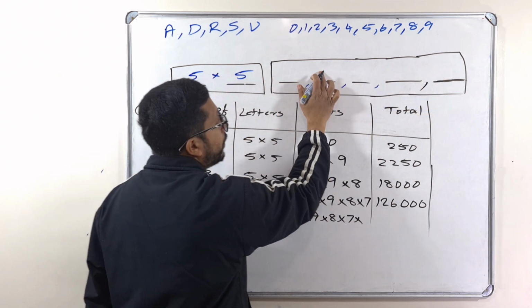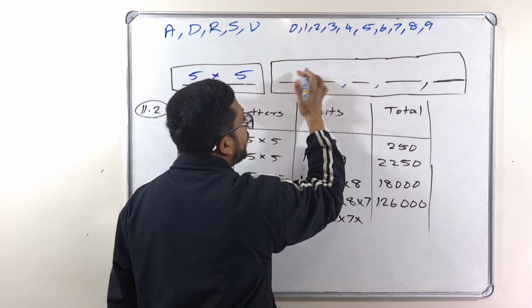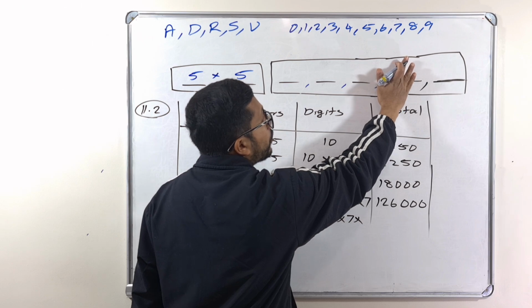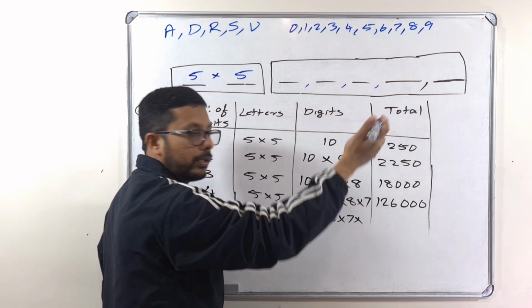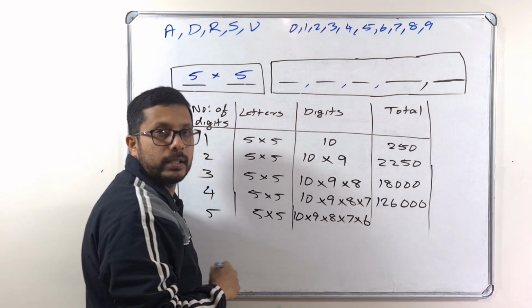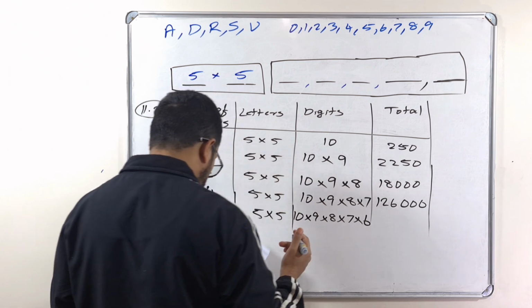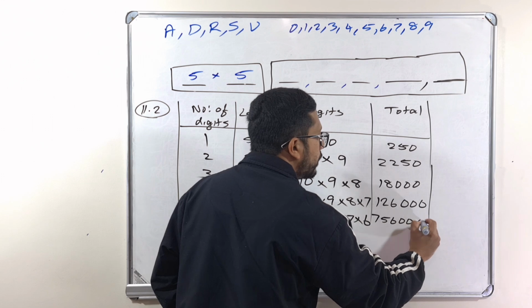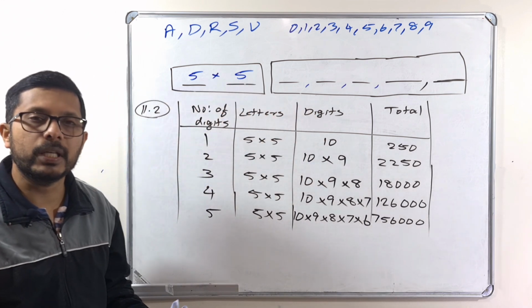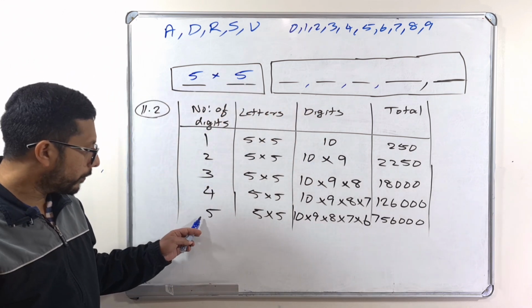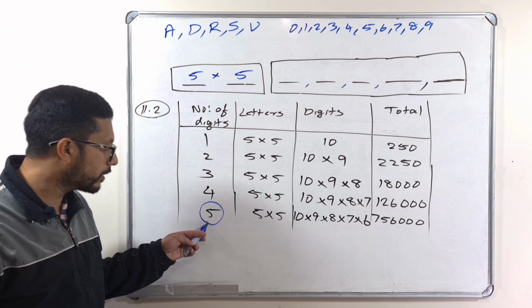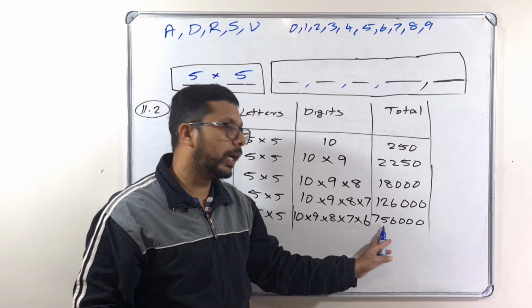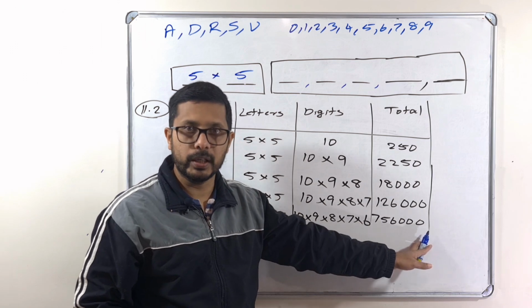We already used 4 numbers, so we are allowed to use the remaining 6 numbers. Check in your calculator and you will get 756,000 different options. So if you use 5 digits after the 2 letters, you will get more than 700,000 different codes.